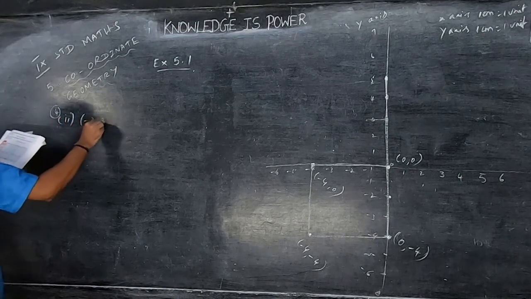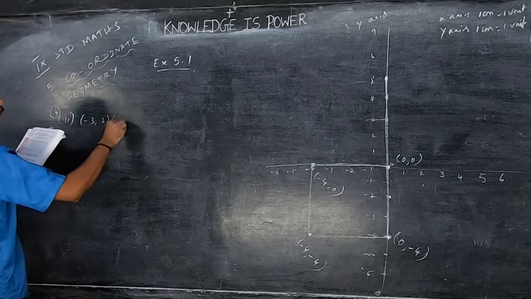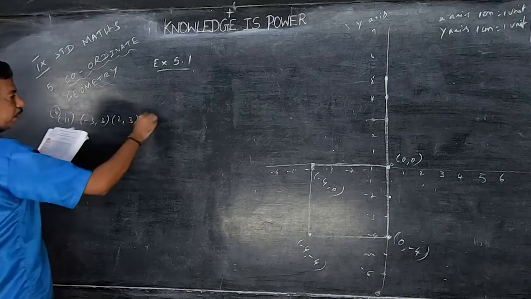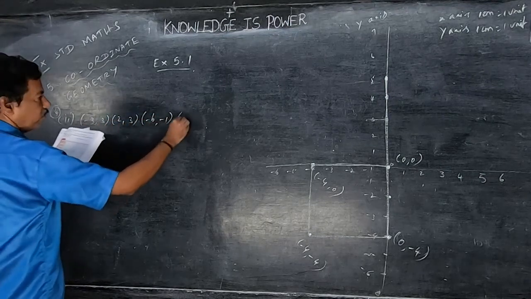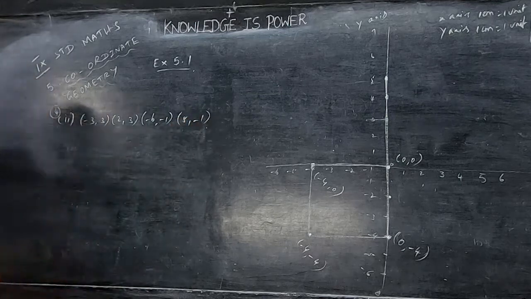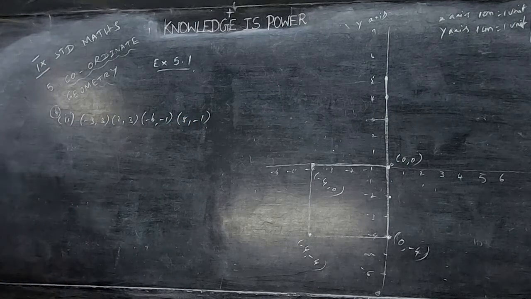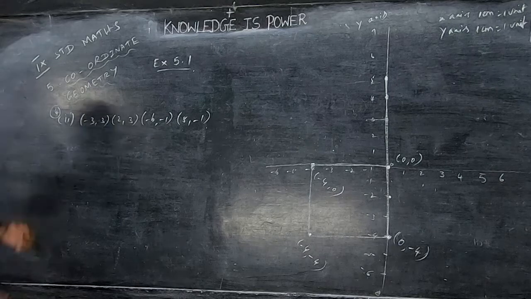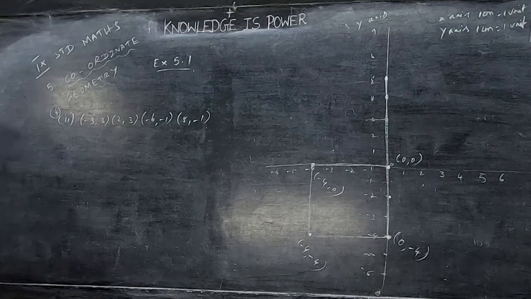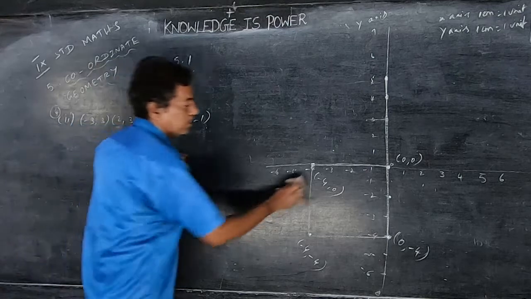Minus 3, 3. 2, 3. Minus 6, minus 1. 5, minus 1. So there are 4 coordinates given. For this you have to draw the shape they are forming.